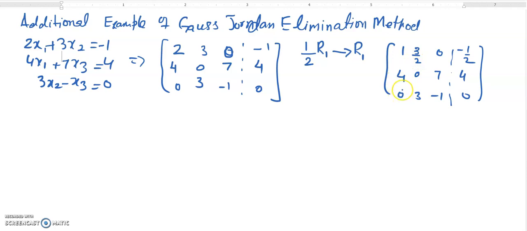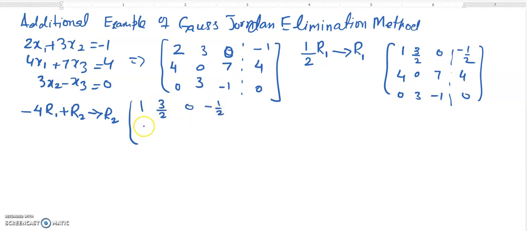This one is already 0. What I will do is -4 times row 1 and then add it to row 2, and this will be the new row 2. So it will become 1, 3/2, 0, -1/2 for the first row, which of course will not change.